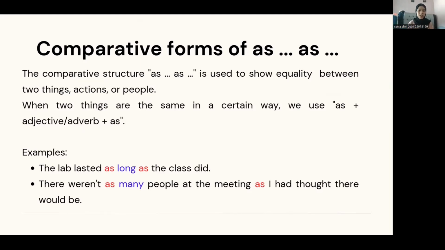This means that the lab and the class have the same length of time. And then: there weren't as many people at the meeting as I had thought there would be. This means that the people who came to the meeting weren't as many as the people thought it would be.